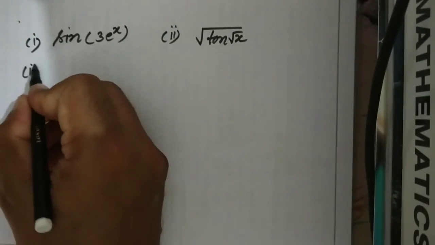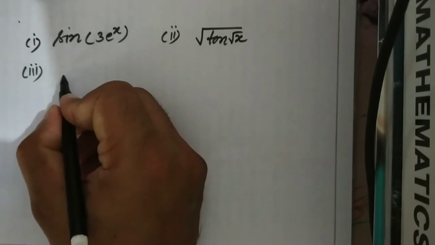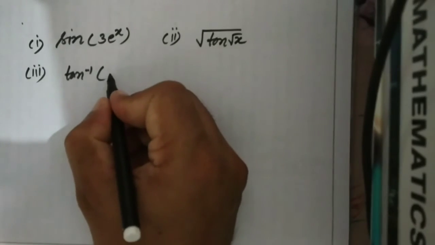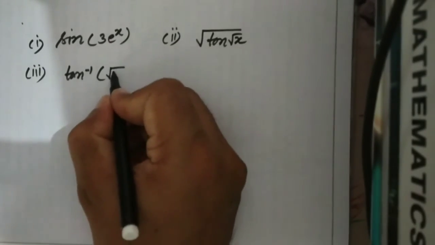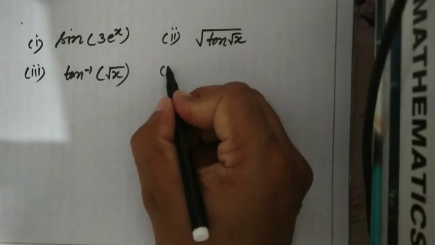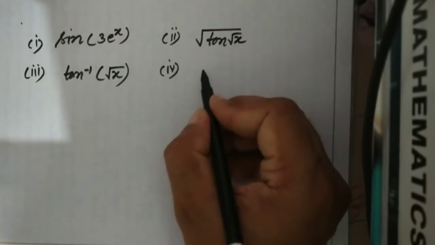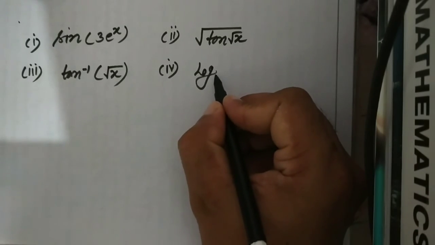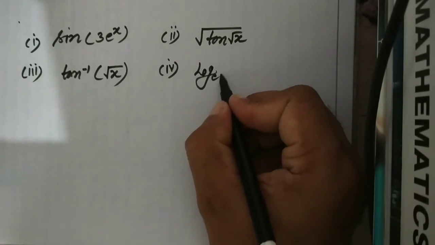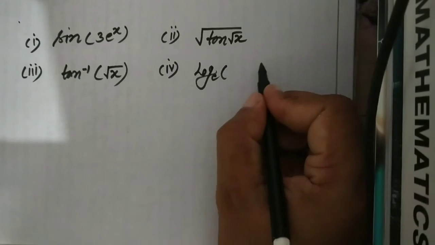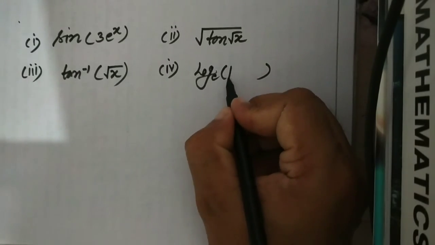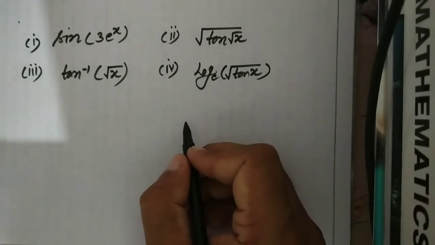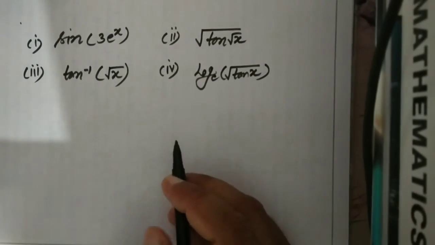Third question: tan inverse of square root x. Fourth question: log to the base e of root tan x. You can try these four questions as homework with the help of the chain rule.